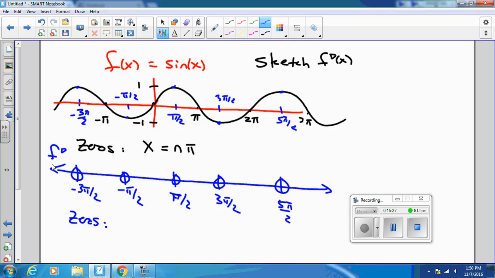Pi over 2 won't do. I've got a whole bunch of others besides that. Pi over 2 plus n pi. Plus 1 pi, plus 2 pi, plus negative 1 pi. Yeah.